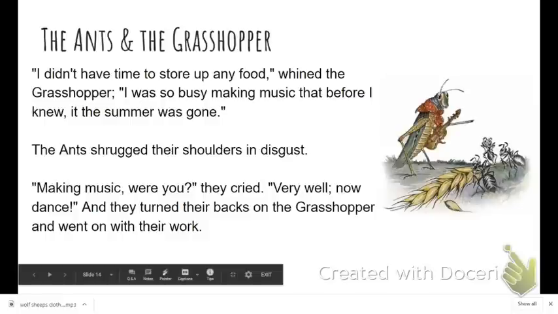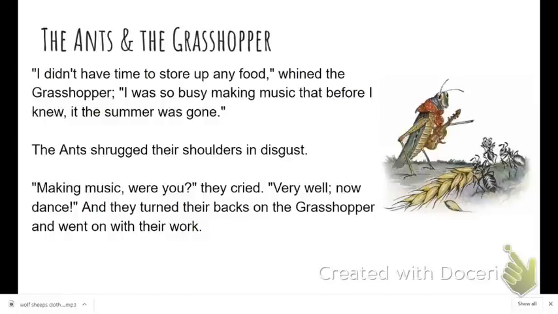"I didn't have any time to store up any food," whined the grasshopper. "I was so busy making music that before I knew it, the summer was gone." The ants shrugged their shoulders in disgust. "Making music, were you?" they cried. "Very well now. Now dance." And they turned their backs on the grasshopper and went on with their work.